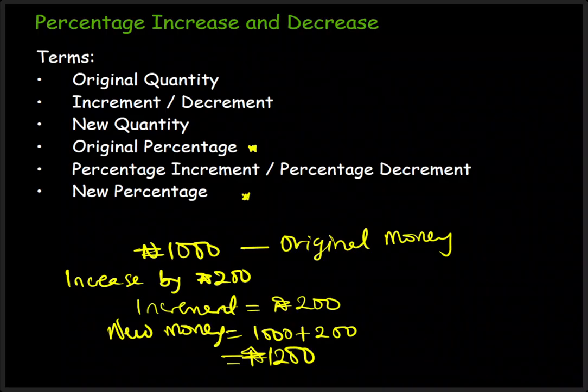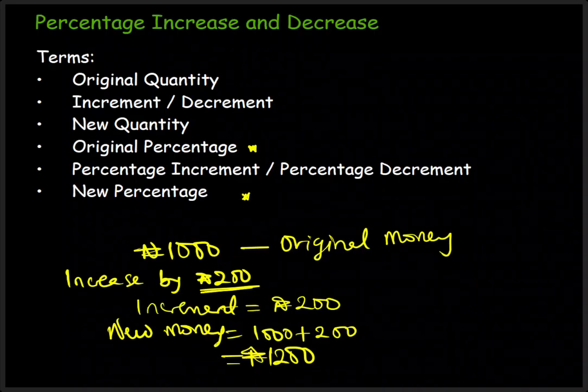One common mistake learners make when it comes to percentage increase and decrease is that sometimes they don't differentiate between the increment or decrement and the new quantity. In this case, 200 naira is the increment, the additional money added. But the new quantity is not the increment.